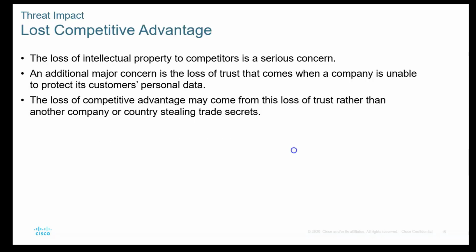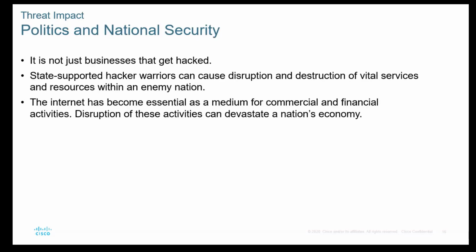You're hearing a lot in the news about intellectual property being stolen. You can literally make millions off of that. Then there's politics and national security. As you can see, we just watched balloons fly around our nation. What were they doing? Surveillance. They were finding out information about our most critical infrastructure. So we've got to be on top of our game. We didn't even know that these balloons were out there.